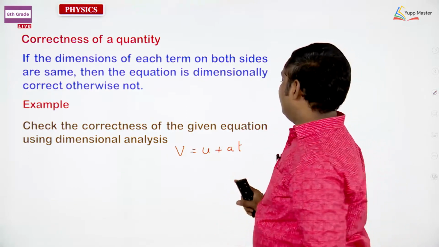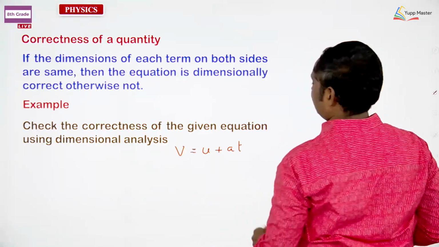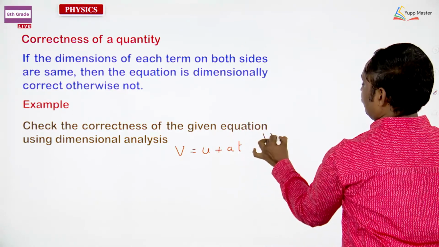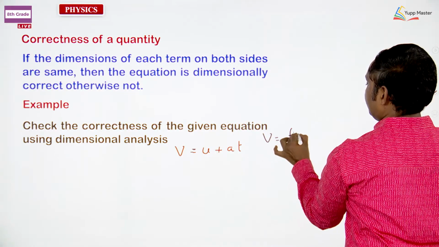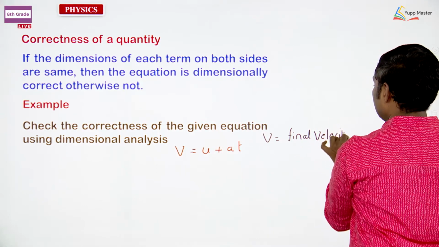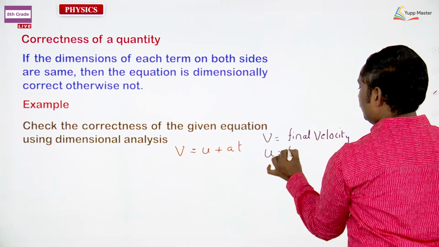Please take that. We can substitute V is equal to final velocity and U is equal to initial velocity.